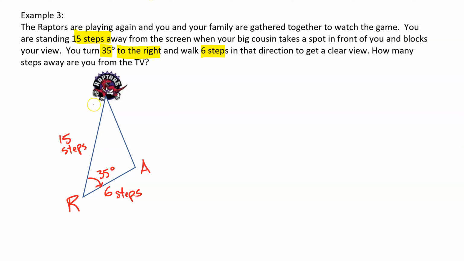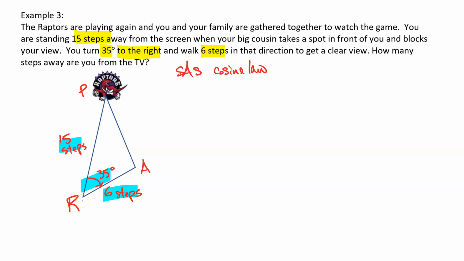Well, if this is a P for Raptors, right, then really what we're looking at is we have a side, we have an angle, and we have a side. Side, angle, side. This is another cosine law situation.